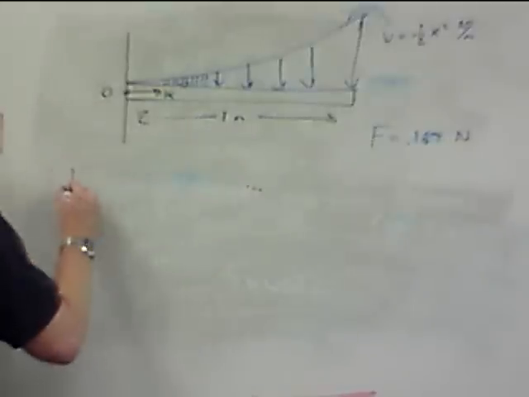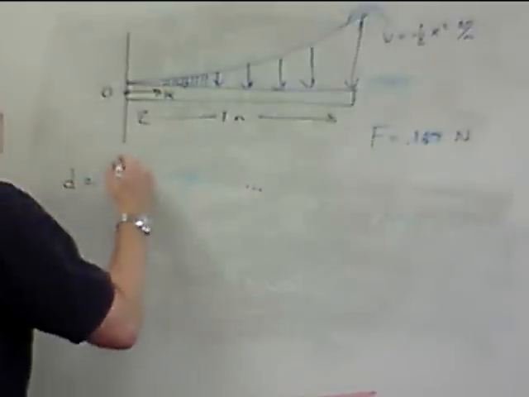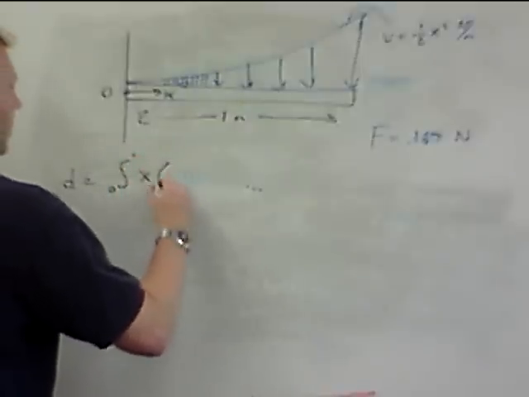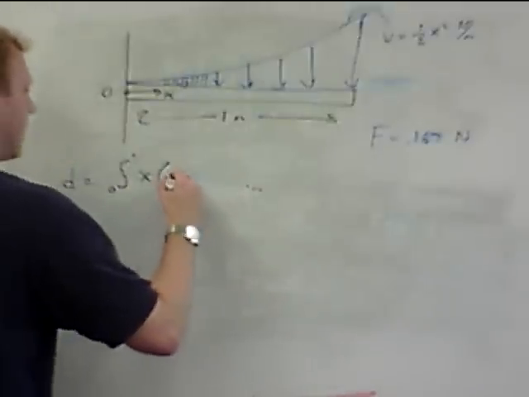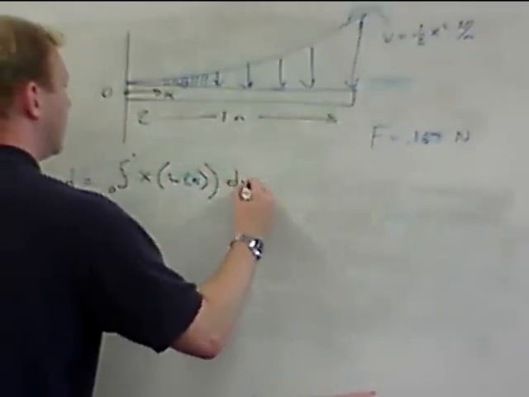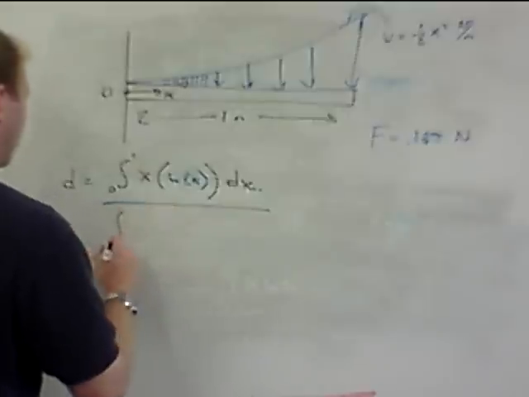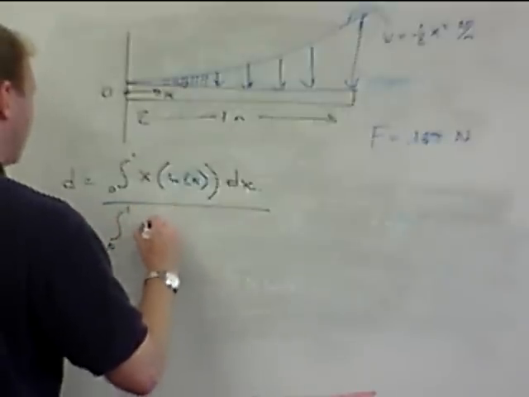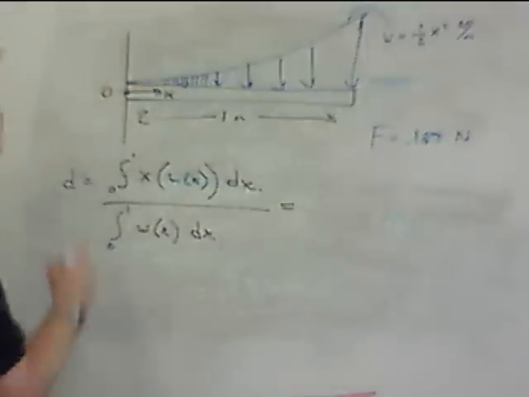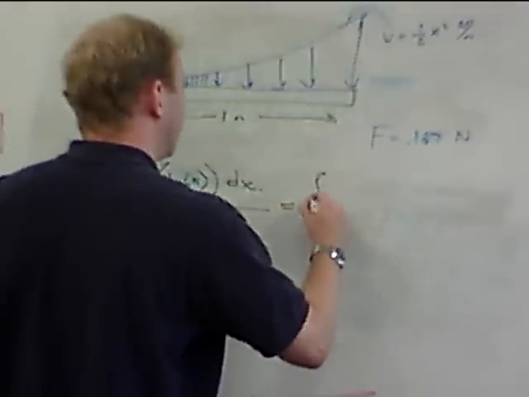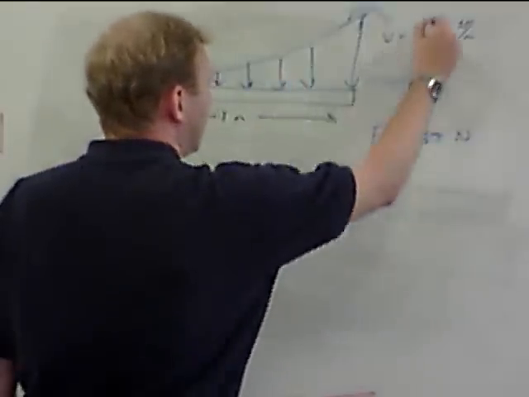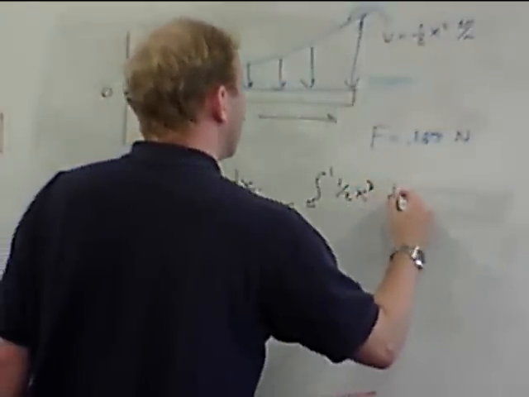So again, D equals the integral from 0 to 1 of x times w of x dx over the integral 0 to 1 of w of x dx. The top becomes the integral 0 to 1 of x times w of x, which is 1/2 x cubed dx.